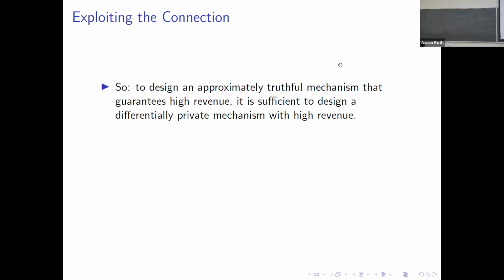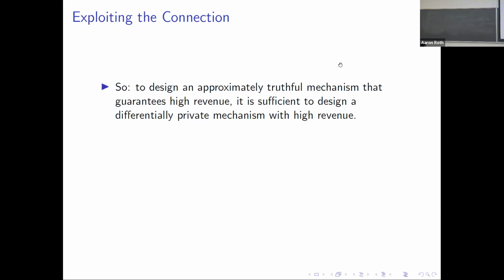Again, maybe the first thing you would think of is, okay, why don't I compute on the data what is the price that maximizes revenue? It's a deterministic computation, so that can't be differentially private.